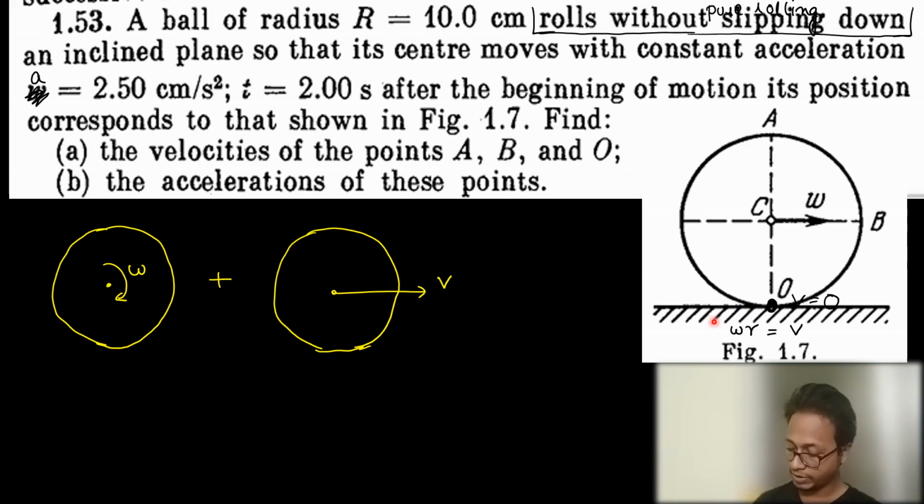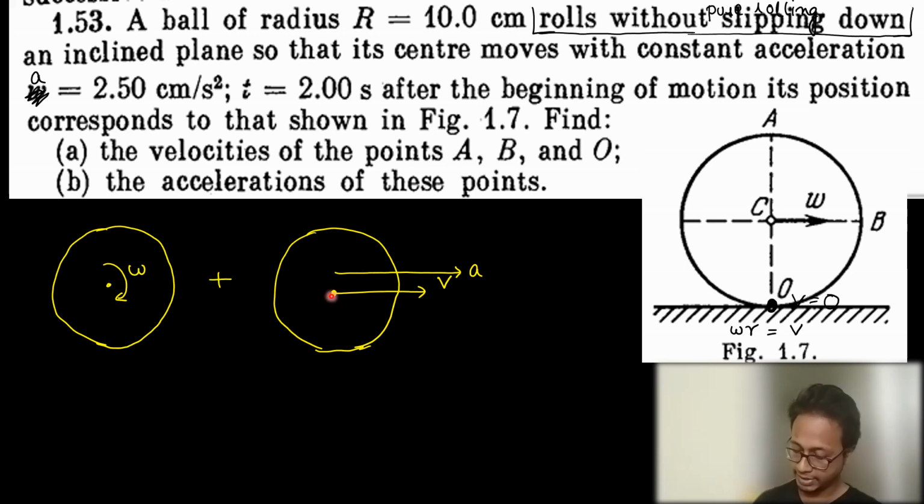So v is always equals to omega r for pure rolling motion, where r is the radius of the circle. Okay. Now it is given that this point has an acceleration of 2.5 centimeter per second squared, but it has some acceleration. Okay, so see one thing out here.